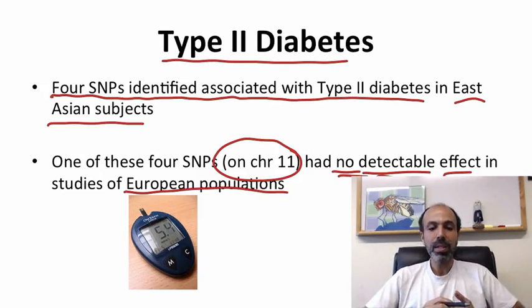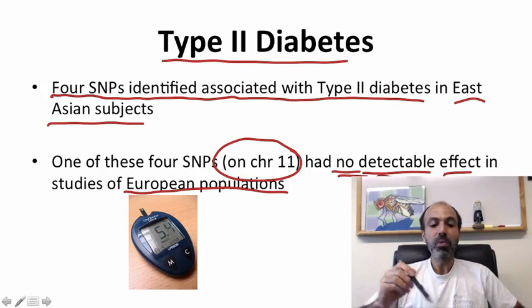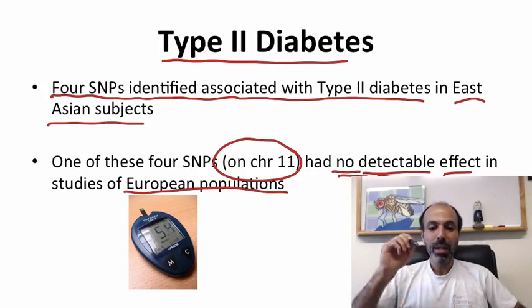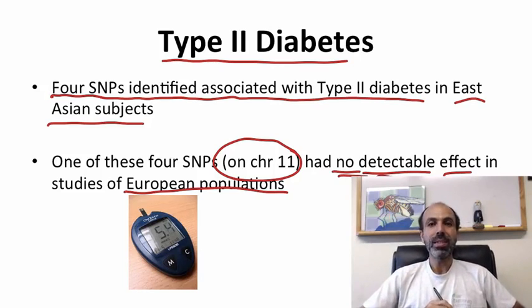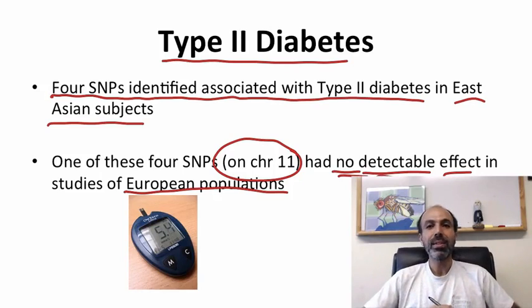Another possibility is the allele at that gene which is causing diabetes in East Asians just isn't found in European populations or is very rare. There's a lot of possible explanations out there. But importantly, we can't immediately extrapolate and say, oh, there's a gene that's causing this disease, and just assume that that's causing it across different families, across different ethnic groups, across different continents.